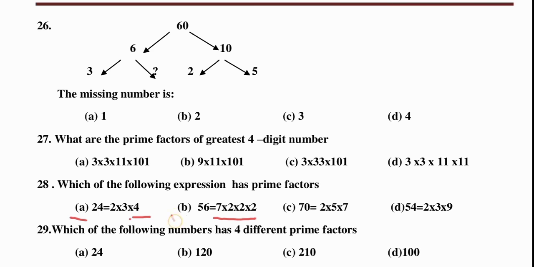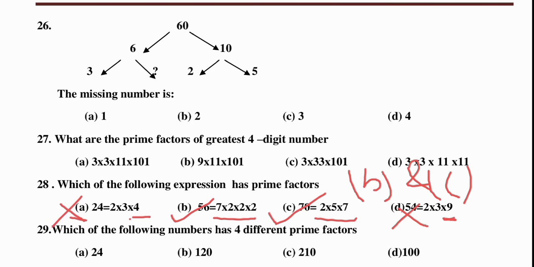So this expression has prime factors. Then we check further options also. Here it is also prime factors. So one mistake is there here. It can be that the answer is B and C. Then here 9 is a composite number, so it is not a prime factor. So answers are B and C.